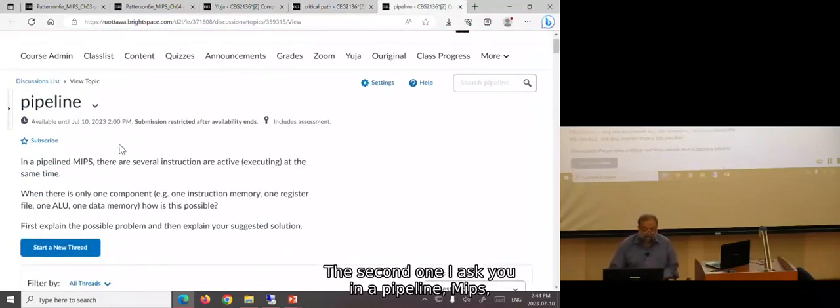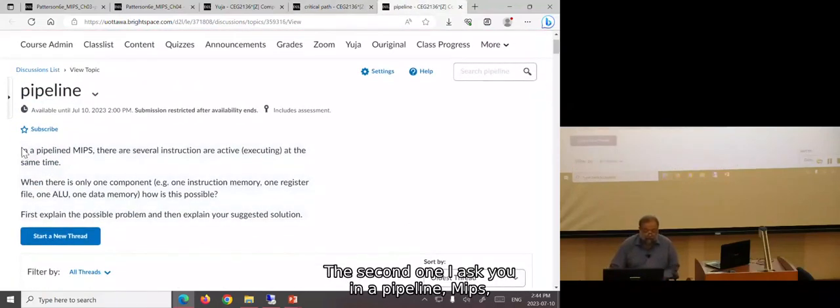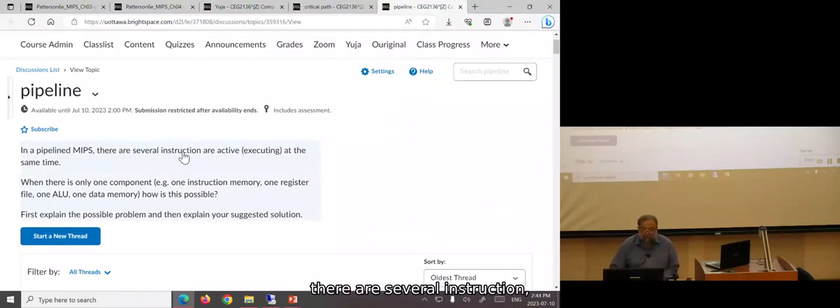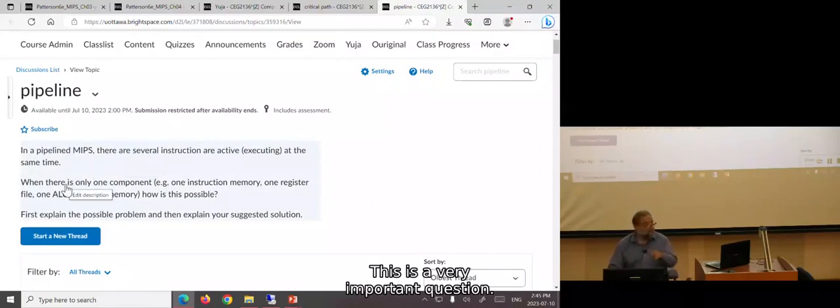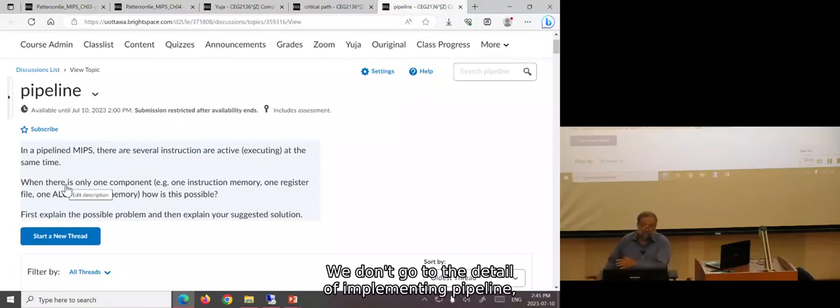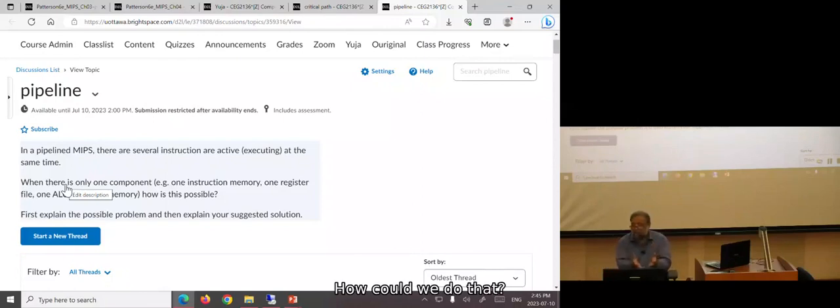The second one, I asked you: in a pipeline MIPS, there are several instructions active at the same time. This is a very important question. We don't go to the detail of implementing pipeline, but I wanted you to think about it. How could we do that?